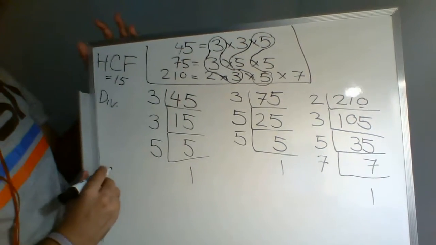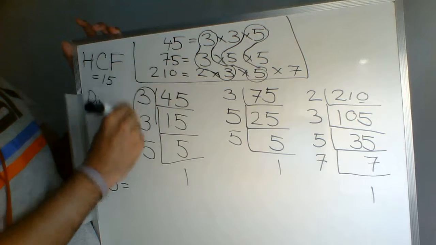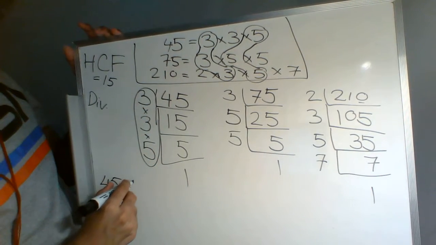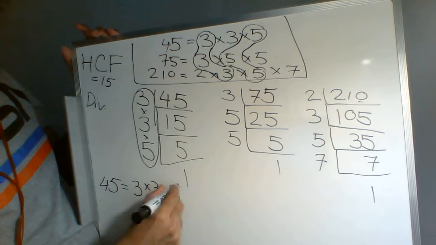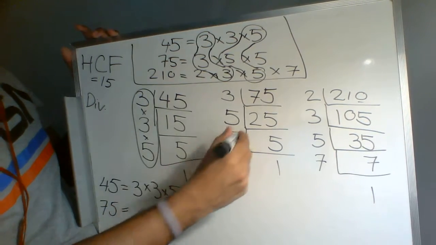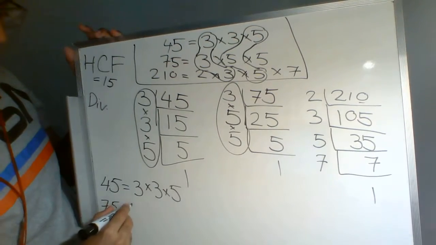Now, once again, we're going to say 45 is equal to, and we're just going to take these numbers in this column and multiply those together and put that here. So we got 45 is equal to 3 times 3 times 5. We got 75 is equal to 3 times 5 times 5.